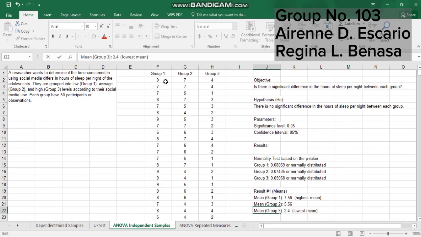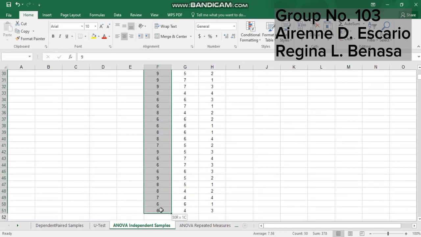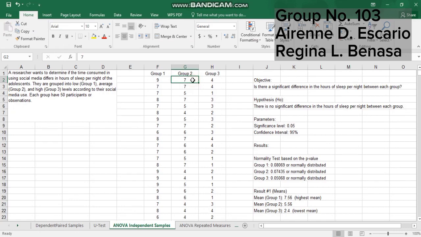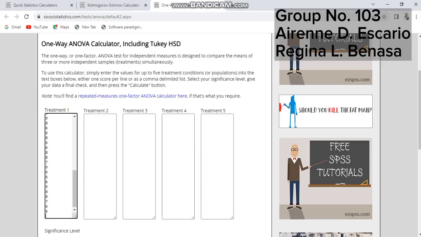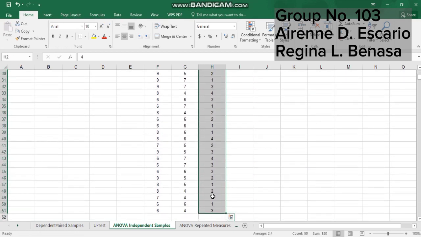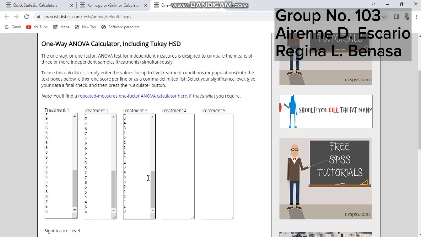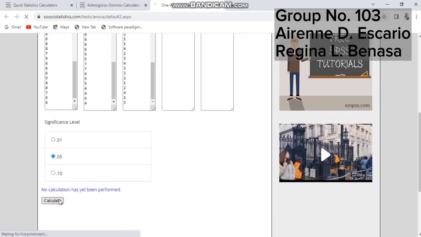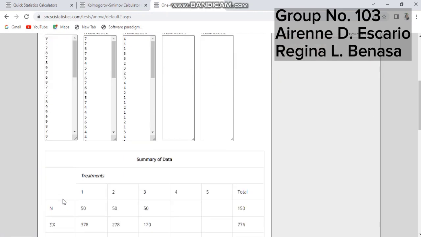So let us copy our data sets and paste them in their designated text boxes. And make sure the significance level is set to 0.05 and then press calculate.